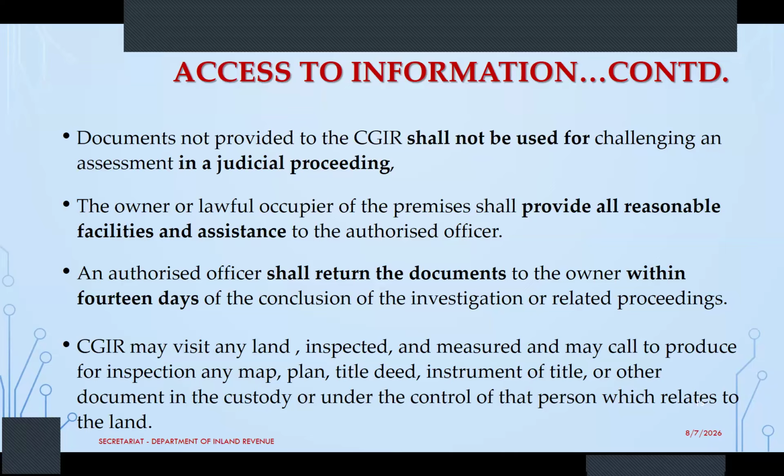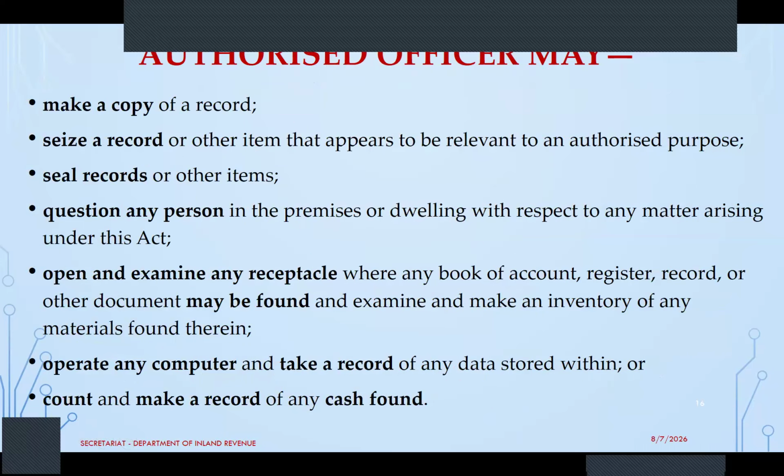So we can visit their places, check their places, and bring all their documents, maps, plans, titles. Anything can be taken into the custody of the Inland Revenue officials. In addition to that, we can make a copy, seize a record, question any person, open and examine any receptacle, find and examine registers, records and other documents, and make an inventory.